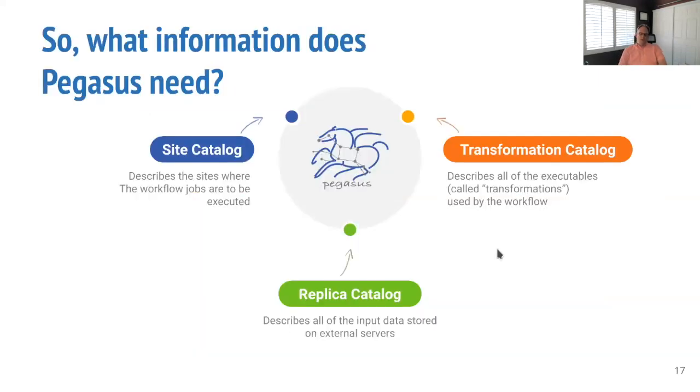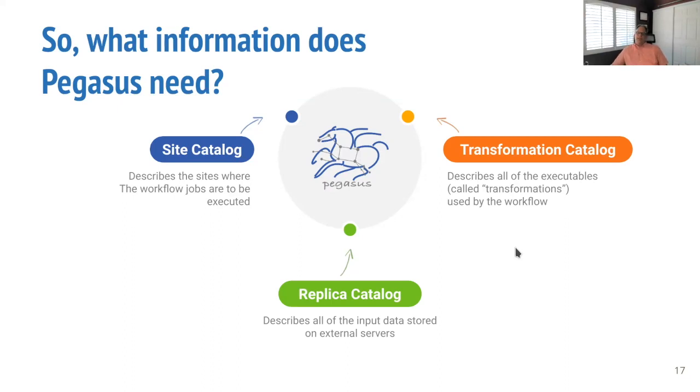So let's talk a little bit more about the features of Pegasus. I said that we had an abstract workflow that gets compiled into an executable workflow for that specific environment. And to fill in those blanks, to tell Pegasus what that execution environment looks like, where software is available, where data is available, there are three catalogs that we have to provide.